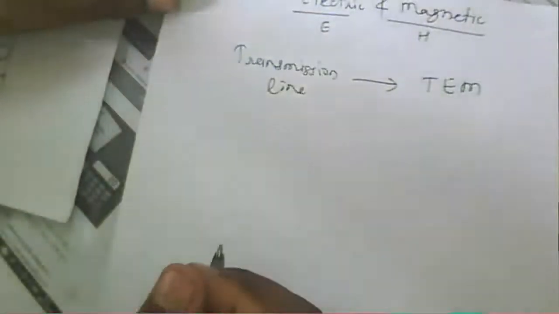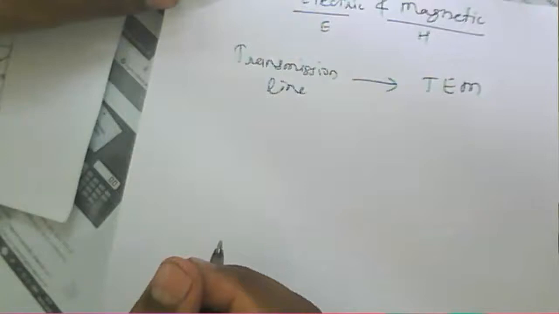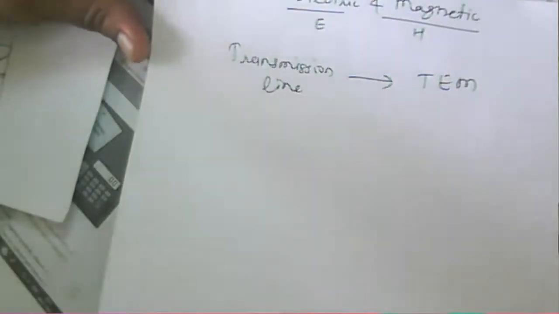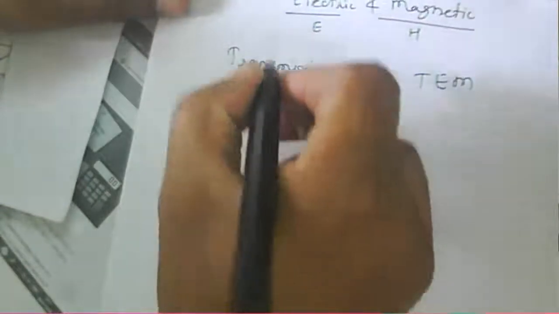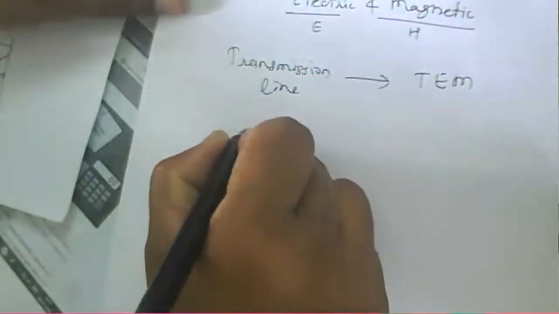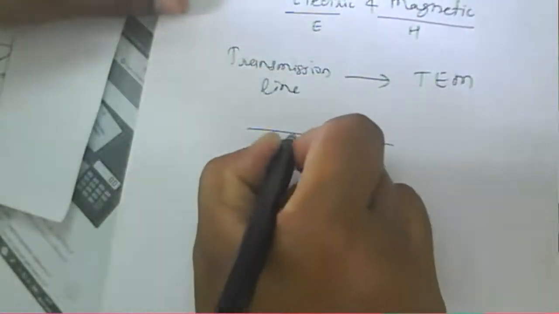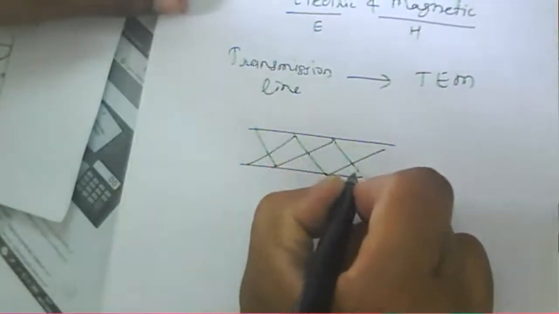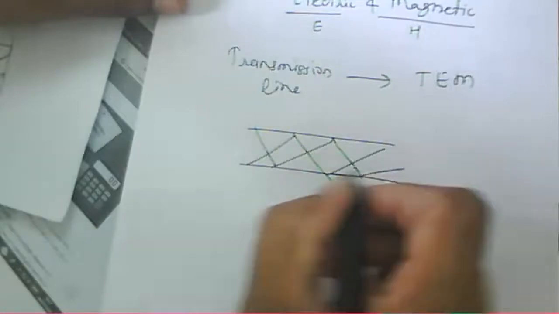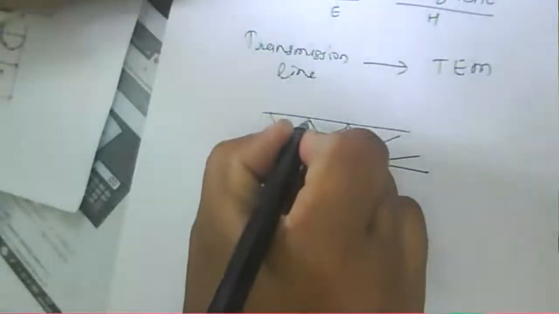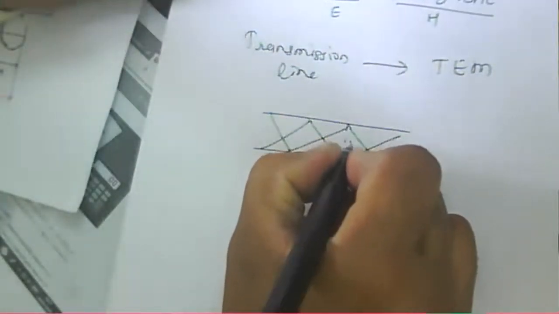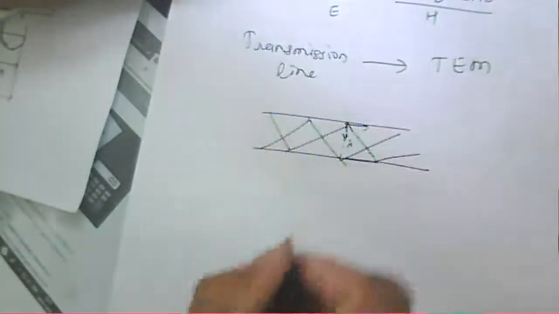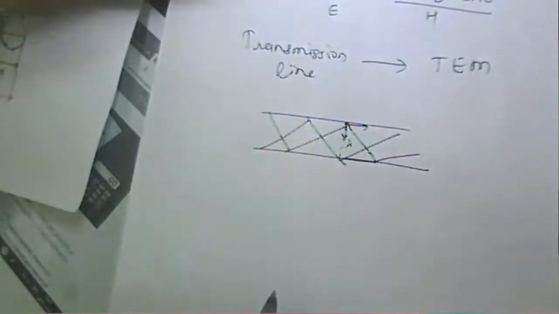In a waveguide, the signal propagates by total internal reflection. The wave propagates through reflections, and one field component is normal to the guide, while the other is tangential to the guide.